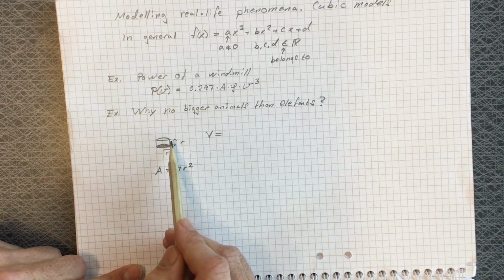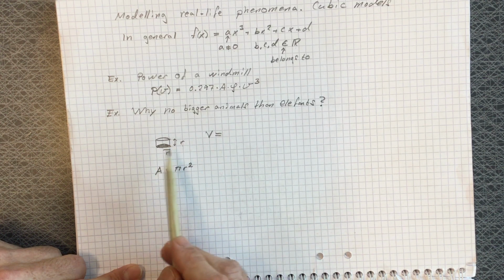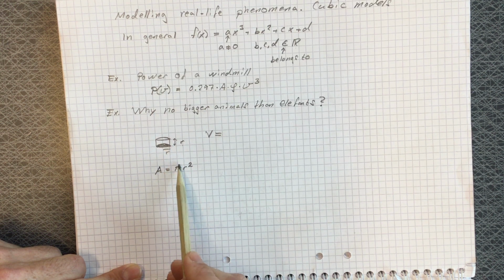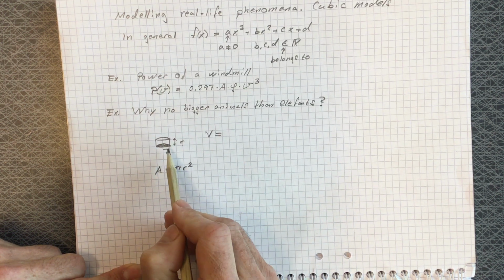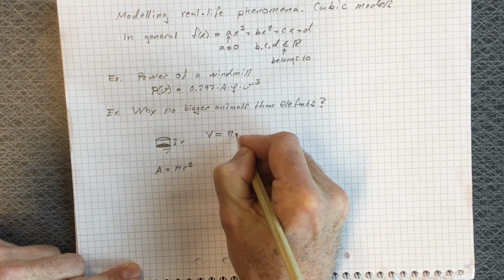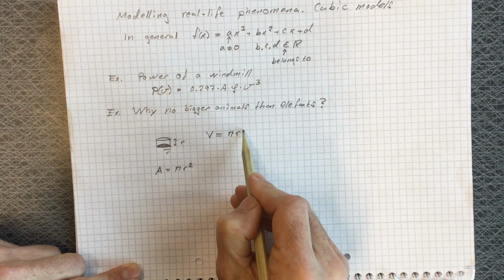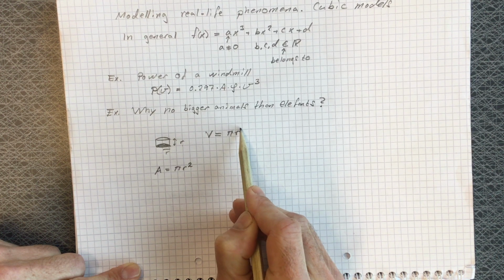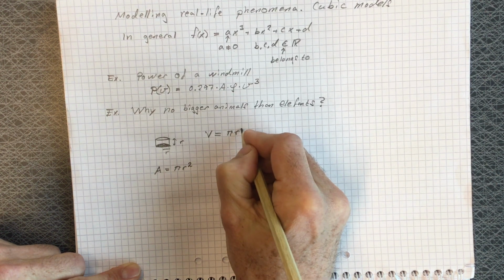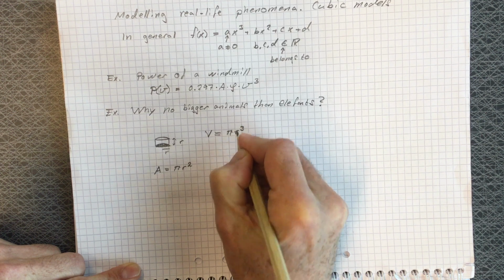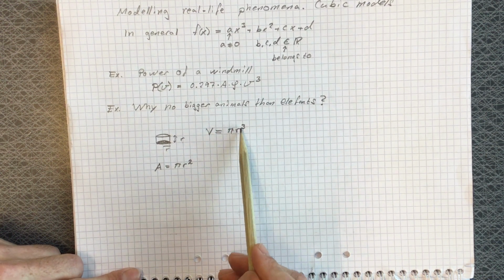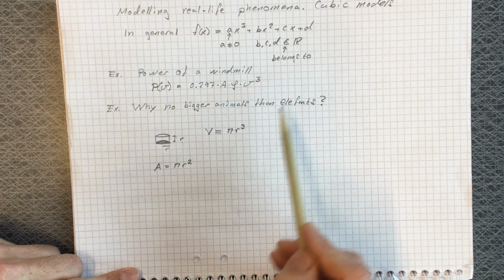Now, the volume of a cylinder is the base area multiplied with the height. And the base is the area of a circle. So it's pi r squared multiplied with r. So it's r squared and r more, so it's r cubed. So we see that the volume, you can describe it with the cubic models.